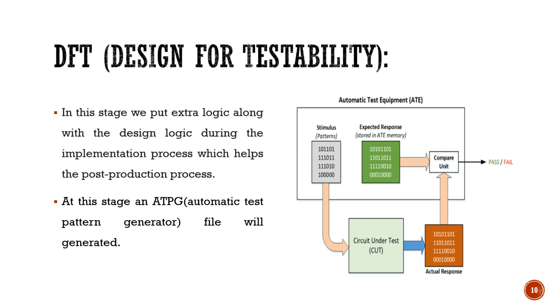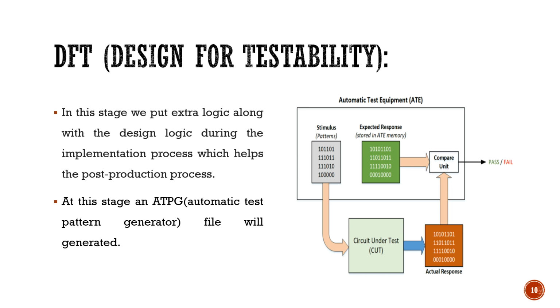For verification purposes, I have shown you an example of automatic test equipment, where the circuit under test has been inserted with the test logic, and we apply a test pattern to the circuit under test. When we observe the actual response, it should match the expected response, and we compare whether it is pass or fail.